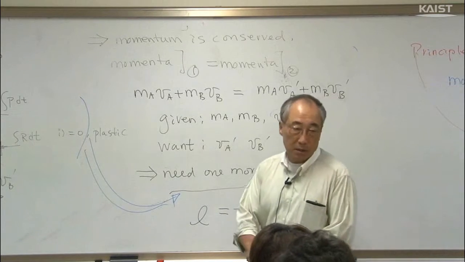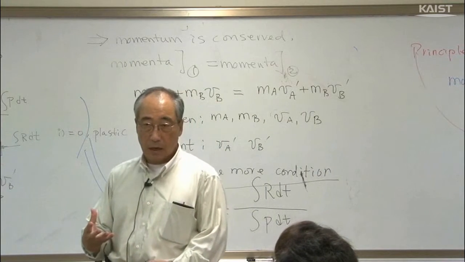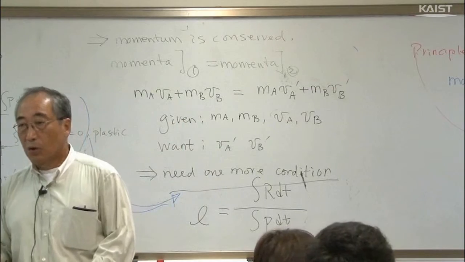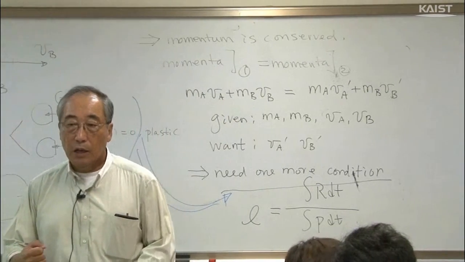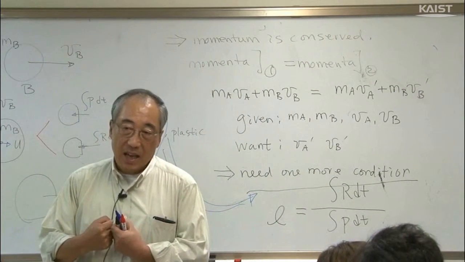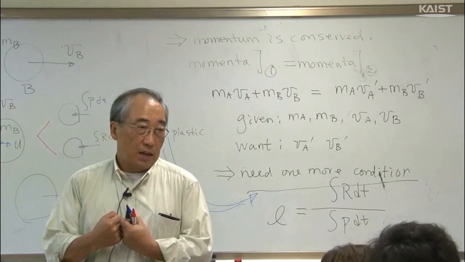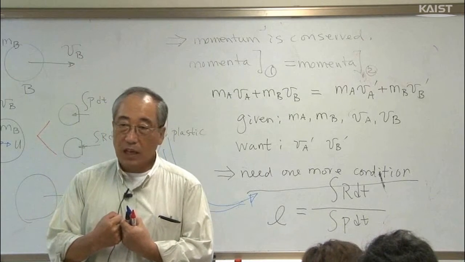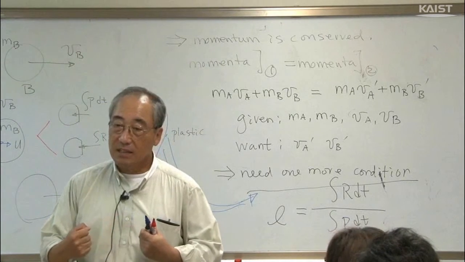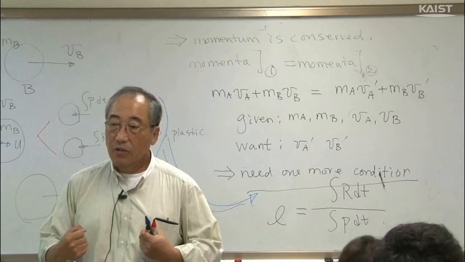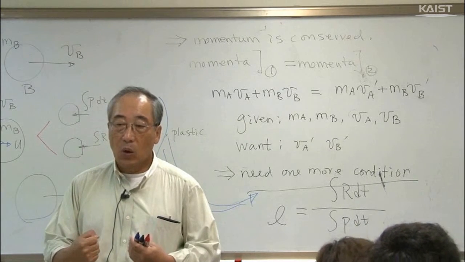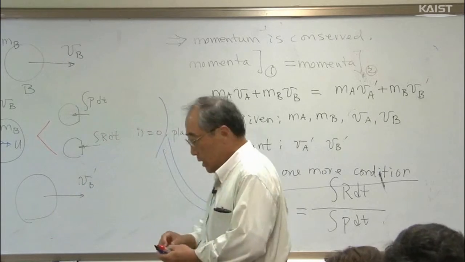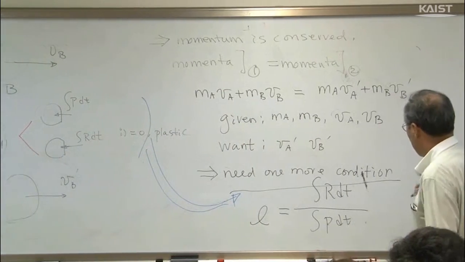That makes sense. Right? How much force was exerted when it was compressed, and how much force is induced when it is released. Right? If it is equal, then we call it the elastic condition.